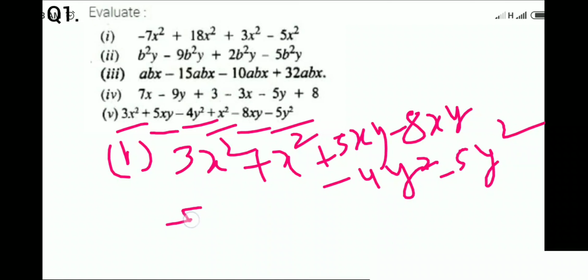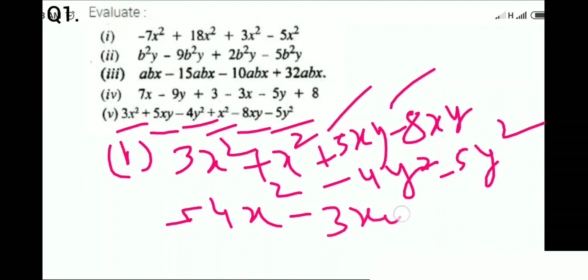Therefore 3x square plus x square becomes 4x square, and here 1 is minus and one of the values is plus, therefore there will be a subtraction. 8 minus 5 is equal to minus 3xy, and then both these values are minus, therefore 4 and 5 will be equal to minus 9y square.